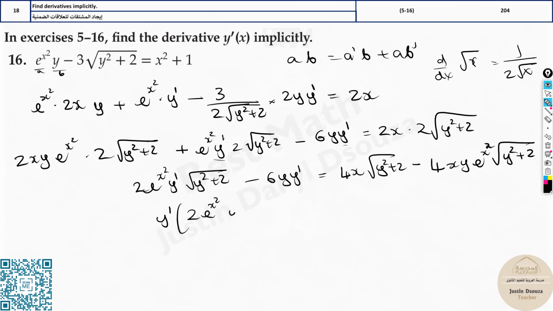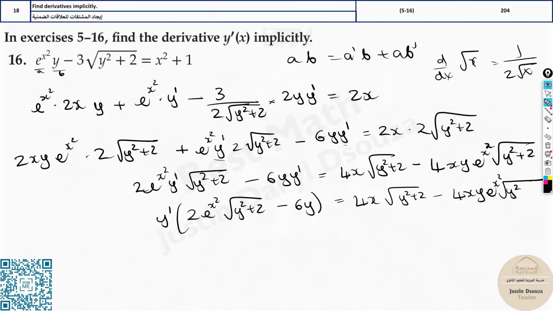Now y prime is outside, so that is not there, and over here we have y power 2 plus 2 minus 6y only, y prime is taken out. 4x square root y squared plus 2 minus 4xy e to the power x squared square root y squared plus 2. Now let's just divide all this.